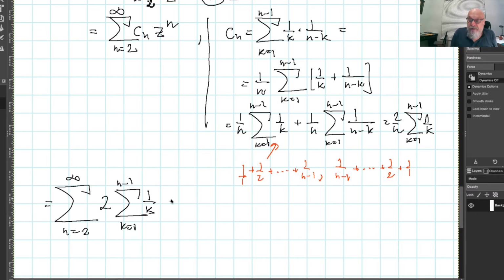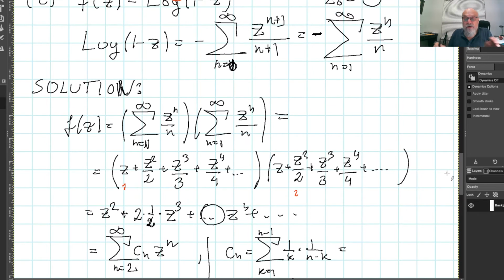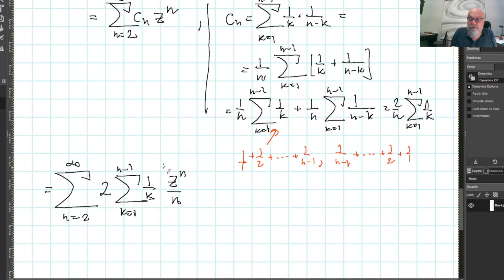And then I put z to the power n divided by n. It has a connection with this logarithm. You see the logarithm here, it's the same form, so I put it in the same form.